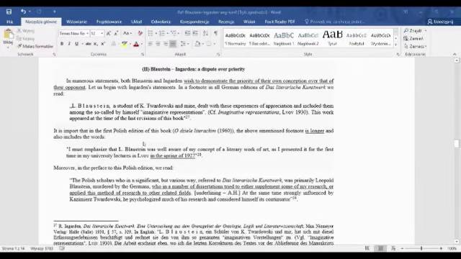In numerous statements, both Blaustein and Ingarden wish to demonstrate the priority of their own conception over that of their opponent. Let us begin with Ingarden's statement.